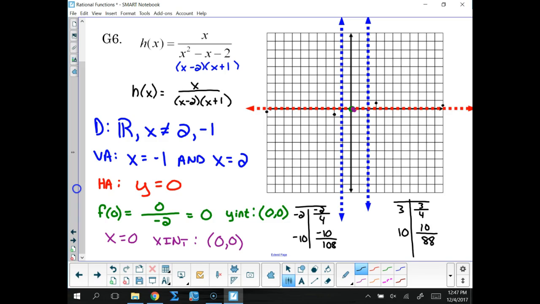Yeah? Now the middle. One. Negative 1/2.